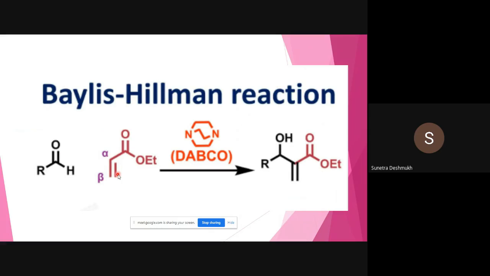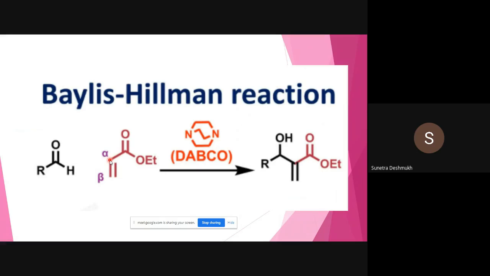I have represented which carbon atom comes from which starting material. From the alpha beta unsaturated ketone, we get two carbon atoms, this carbonyl group and this carbon atom.